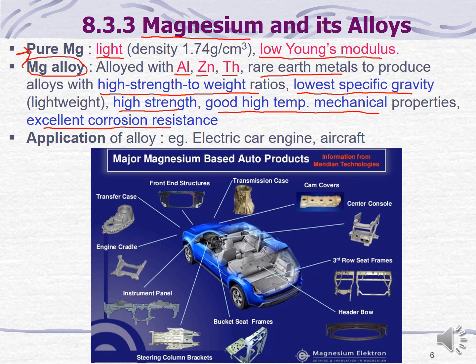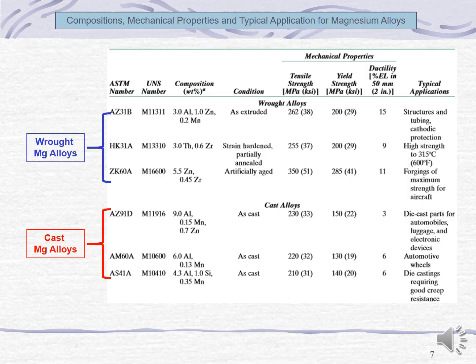Magnesium and its alloys have been used widely for making components for automotive, components for a motor car. Here you can see some of the components in cars made of magnesium and its alloys.